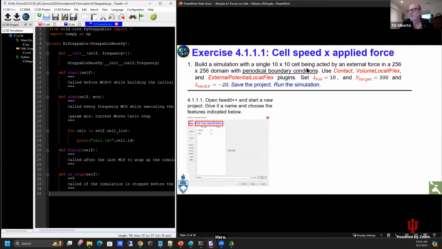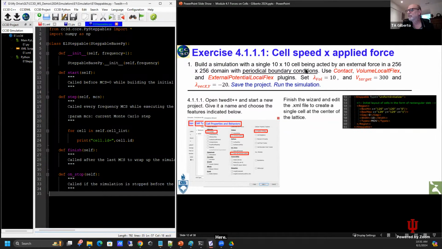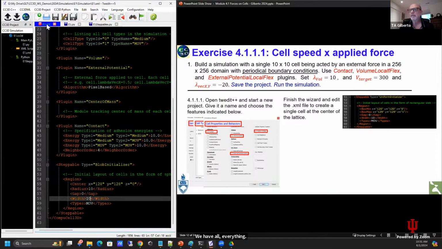So here are the steps. We have everything. Oh, I chose another one, and I know it's the same, right? And here on the screen I forgot, I put a uniform initializer, not a blob initializer. So here I have a square of size 10, and here I have a circle of radius 10. It's not much difference.